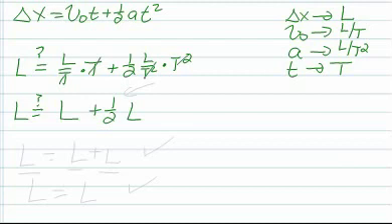The 1/2 is a scalar, which doesn't mean anything. It has no dimensions whatsoever. It is simply just a number. If you add a dimension of length to a dimension of length, you end up with a dimension of length. So L equals L plus L. So it checks.